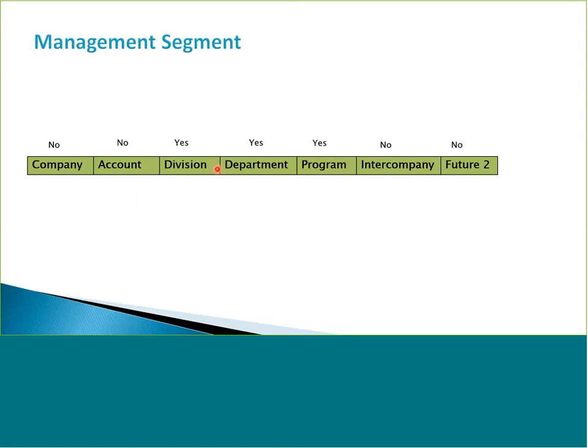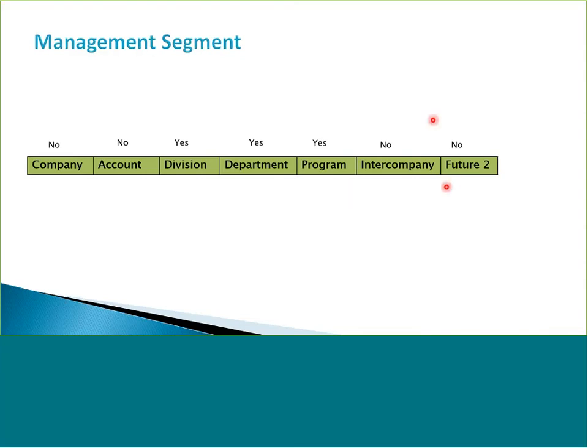So the division segment, for example, in our case, we can use it as the management segment. We can also use the department segment as a management segment. We also can use the program segment as a management segment.